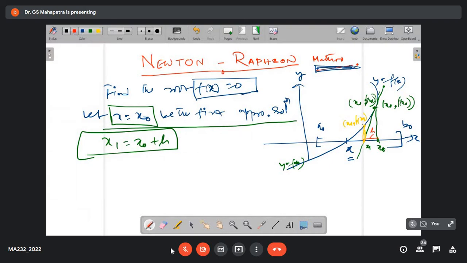So this point is the point known as P1. This is P0, this point is A1 and this is A0, correct.